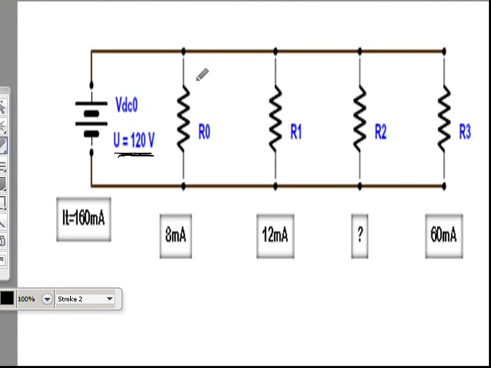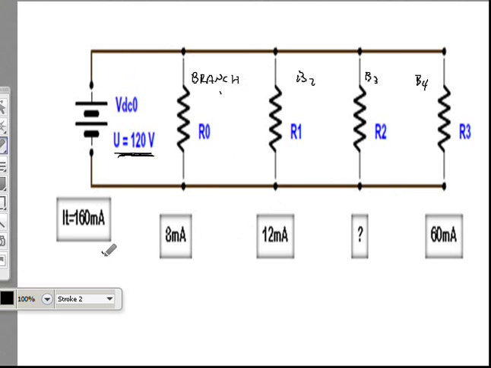Each one of these is known as a branch. Alright, so that's branch 1, branch 2, branch 3, and branch 4. And each one of these branches has got 120 volts across it.